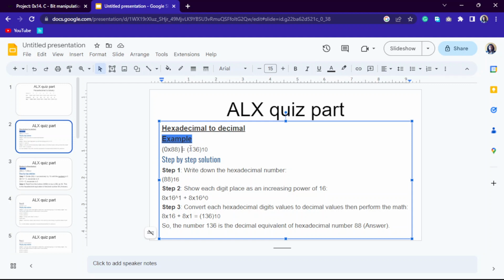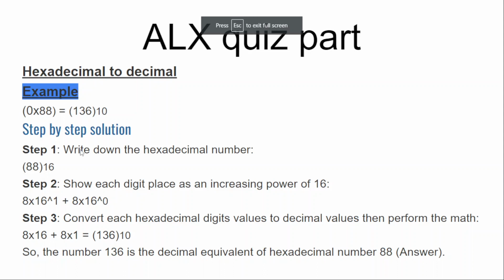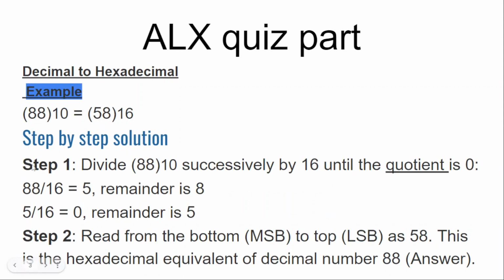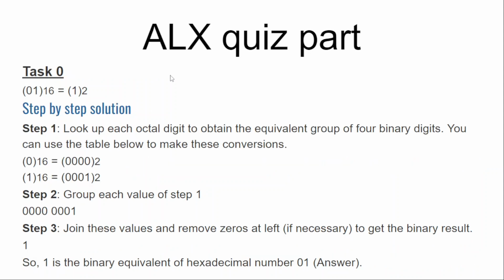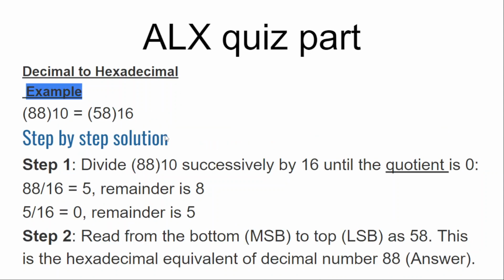To change this, we follow a few steps. First, we write down the hexadecimal number in this format, and then divide 88 base 10 successively by 16 until the quotient is 0.